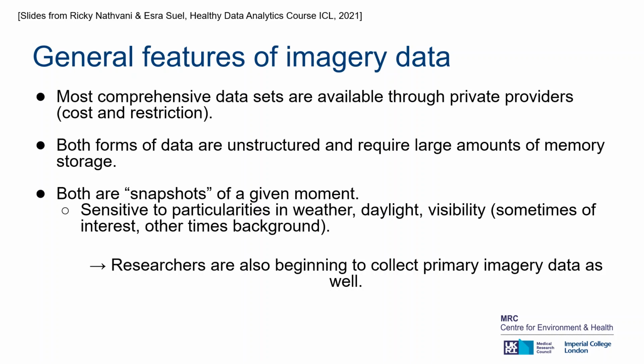Both forms are unstructured and require a large amount of memory and storage, and also both are snapshots of a given moment, so they're sensitive to particularities in weather, daylight, visibility. And finally, researchers are also beginning to collect primary imagery data as well.